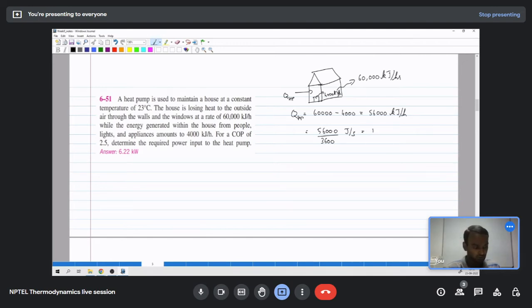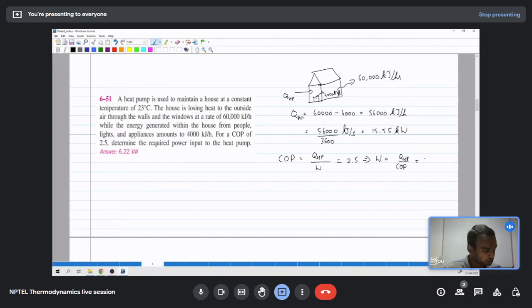So this is 15.55 kilowatts. Now COP of the heat pump is heat that is transferred by the heat pump divided by the work input, which is equal to 2.5, which means the rate of work is QHP divided by COP.